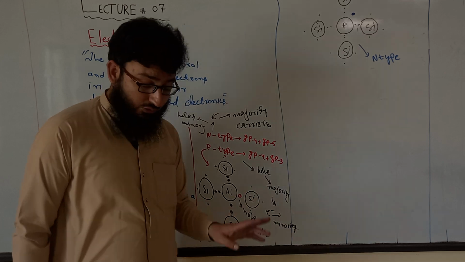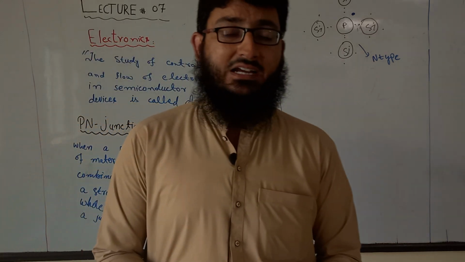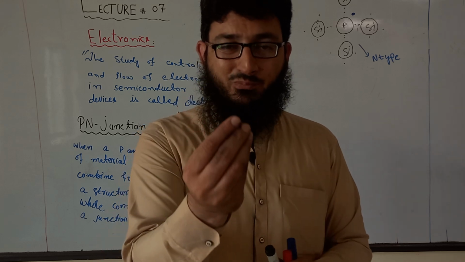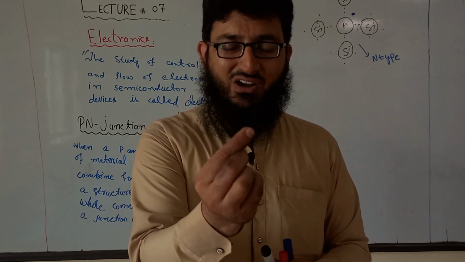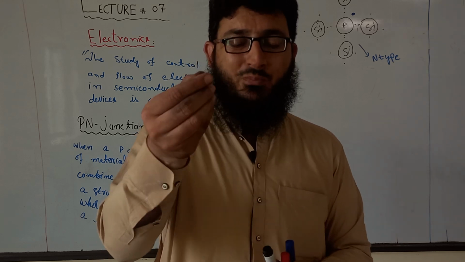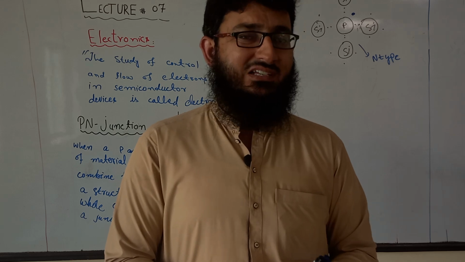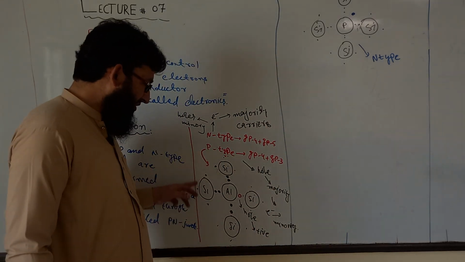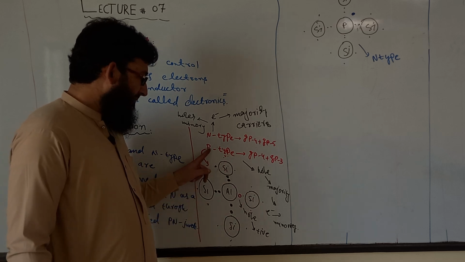Positive. I didn't mean that it will be positive. As a whole it will be neutral, but by adding impurity, one positive charge will be in excess in the crystal, and due to that excess of positive, this whole structure is now called p type.